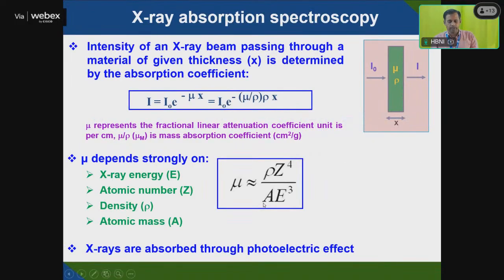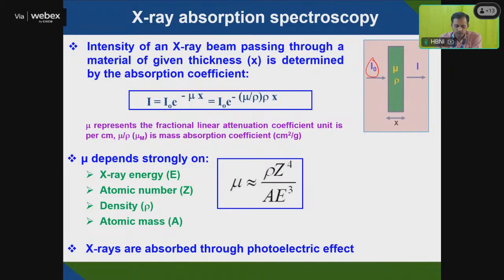So if you see the X-ray absorption spectroscopy, as you know, if I0 is the intensity of X-ray falling on the sample substrate, then after the X-ray radiation passes through the sample, the intensity will be I0 times e to the power minus mu x.